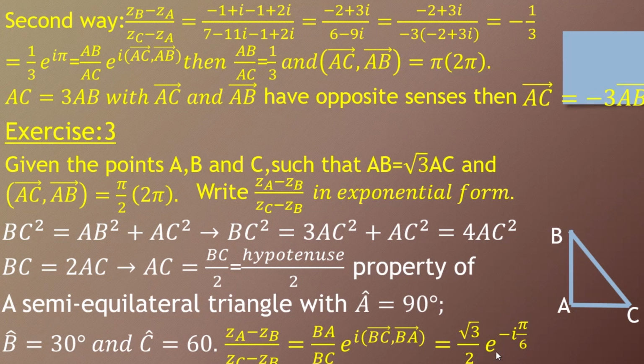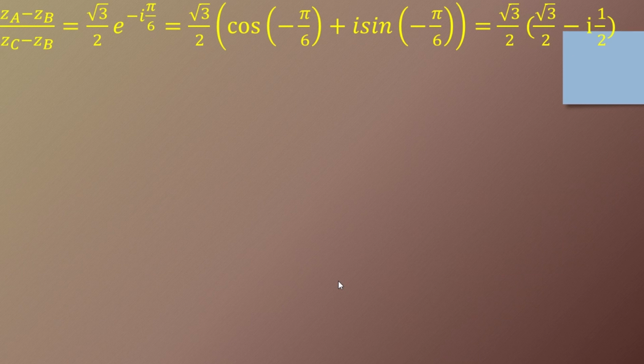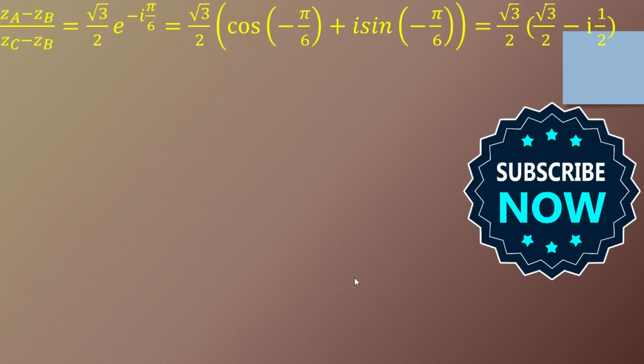Then radical 3 over 2 e to the minus i pi by 6. This is the exponential form of ZA minus ZB over ZC minus ZB. In algebraic form, we substitute.